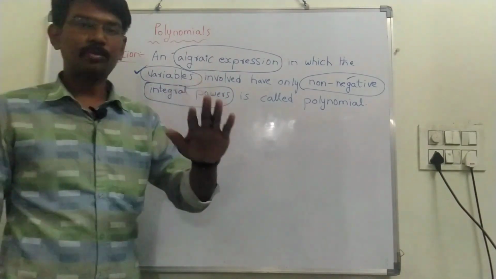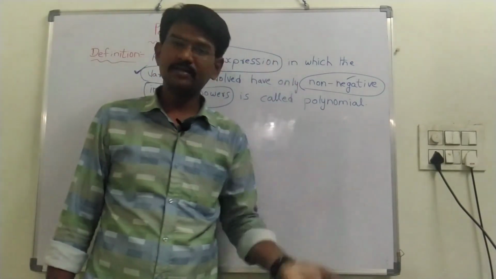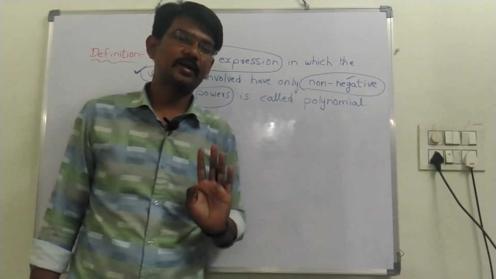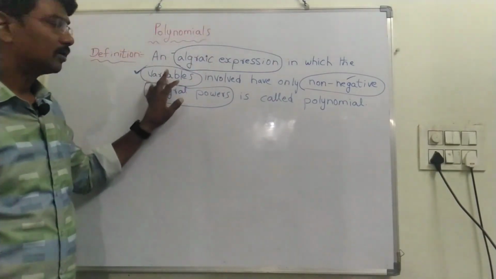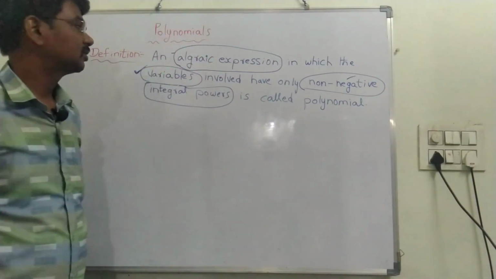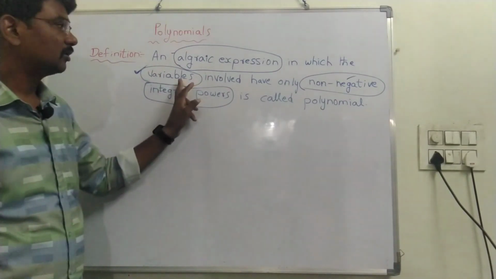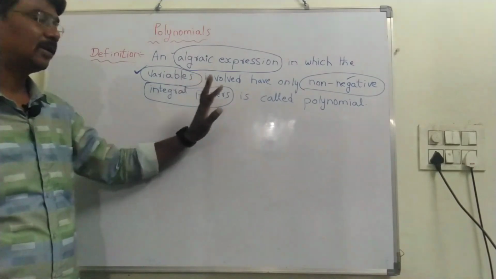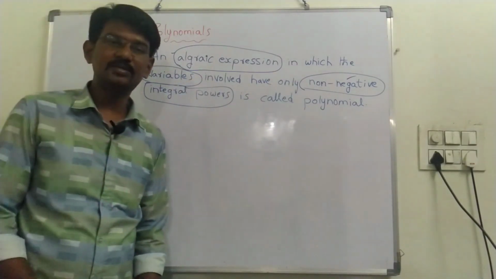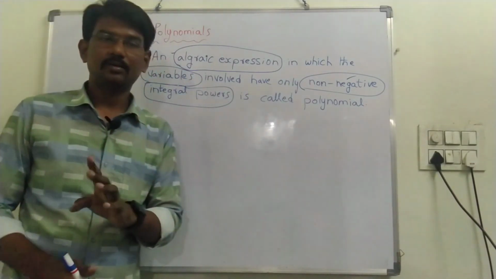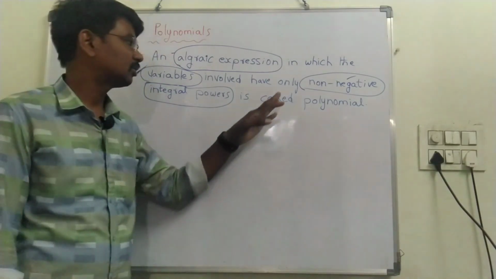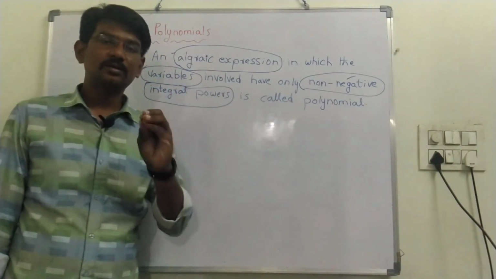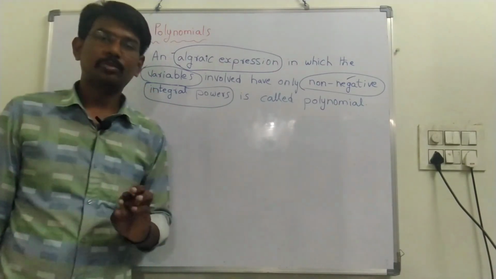Whenever variables enter into the expression, only then it becomes an algebraic expression. Focus on the variable. In that variable, compulsorily have only non-negative integral powers. It means the variable's power must belong to non-negative integral powers, meaning positive numbers.